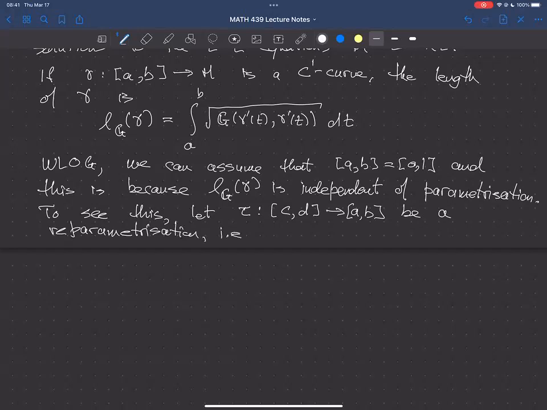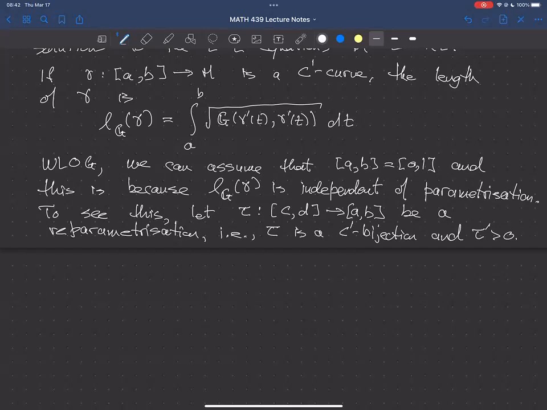This means that tau is, for our purposes, a C1 bijection, and tau prime, its derivative, is positive. We're just going to change the speed at which we go along the curve. That's the idea.